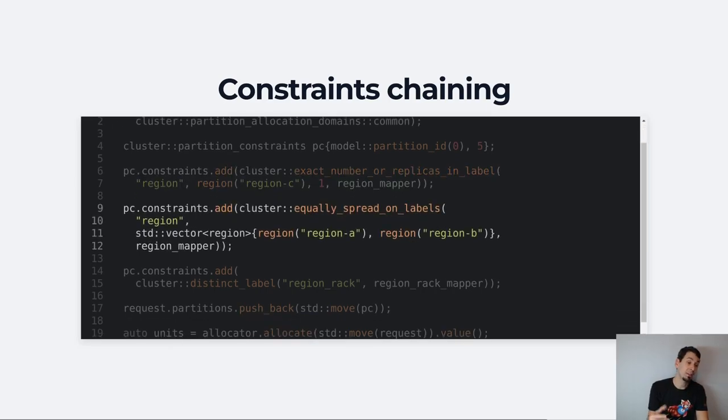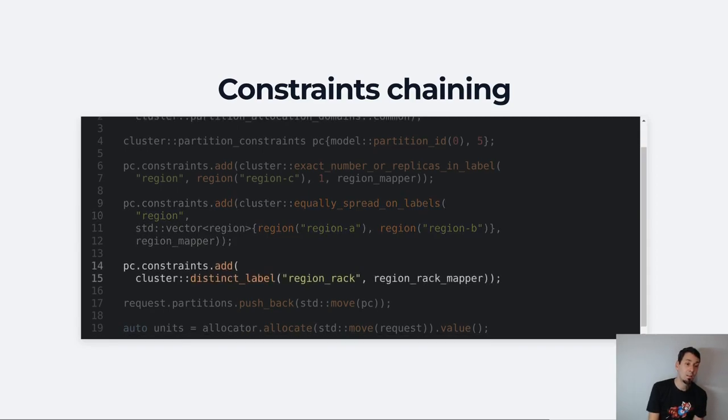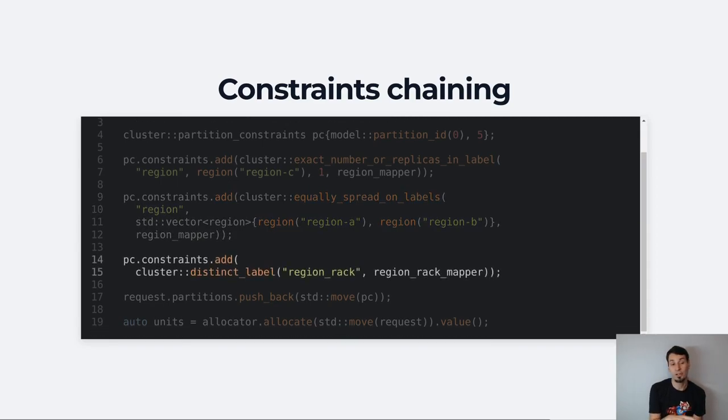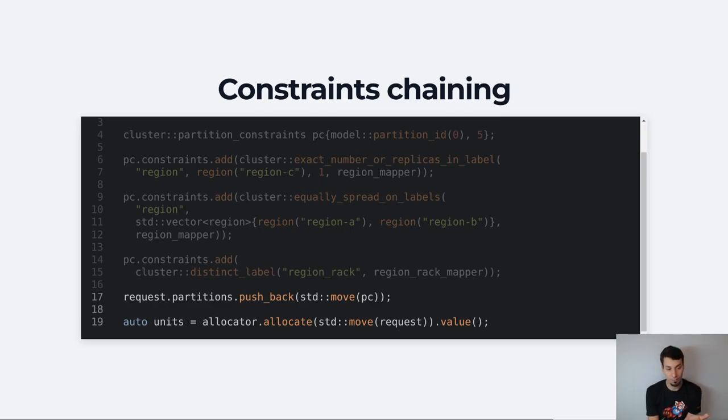And then we have another constraint that equally spreads replicas in region A and B, and we want region and rack to be distinct across the nodes. And this partition allocator will return an error whenever this allocation cannot be fulfilled, or will return a list of nodes where the replicas should be placed.